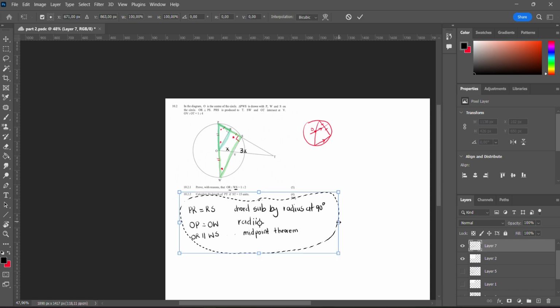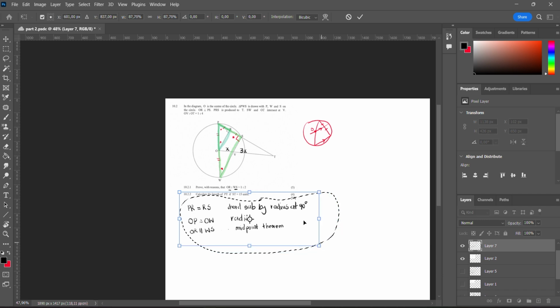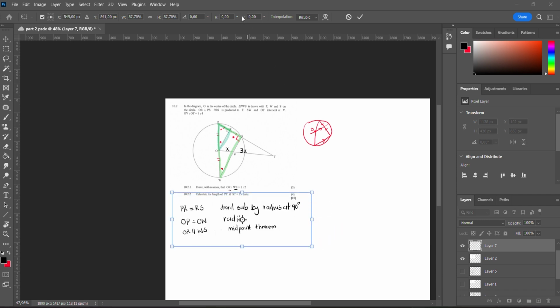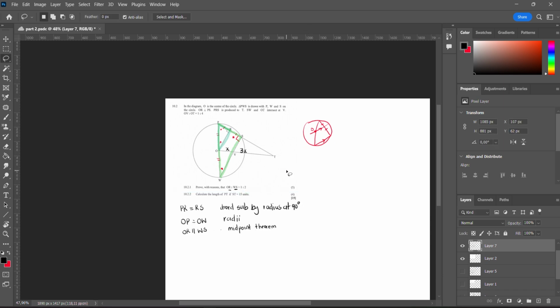So what we're going to do, yeah, that is it there. Now continuing, oh, it's a different eraser.